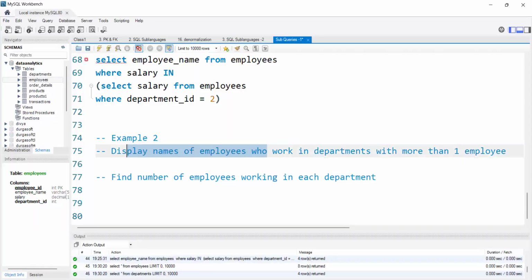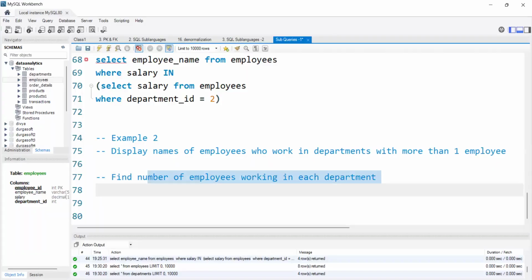Basically, the first part is to display the names of employees, and the second part is departments with more than one employee. For that, first I need to find the number of employees working in each department. To find that, simply I will say select star from employees, right?